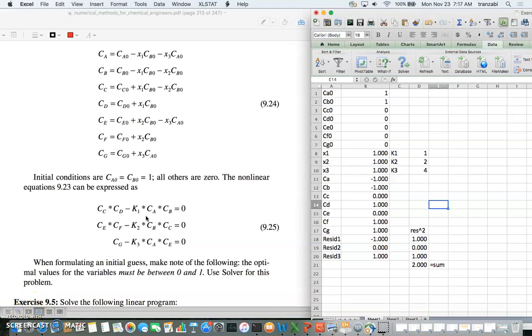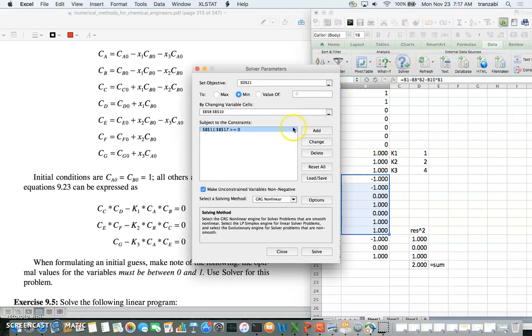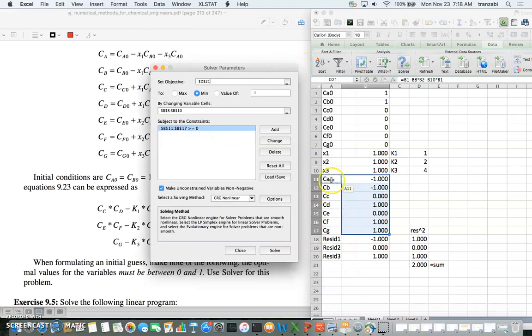One thing we forgot was that the concentrations actually need to be positive. x1 through x3, the extent of reaction, of course need to be positive. Ca to Cg, the concentrations, also need to be positive. So we're going to go back to solver and add this constraint that all these 7 concentrations, Ca through Cg, need to be positive.